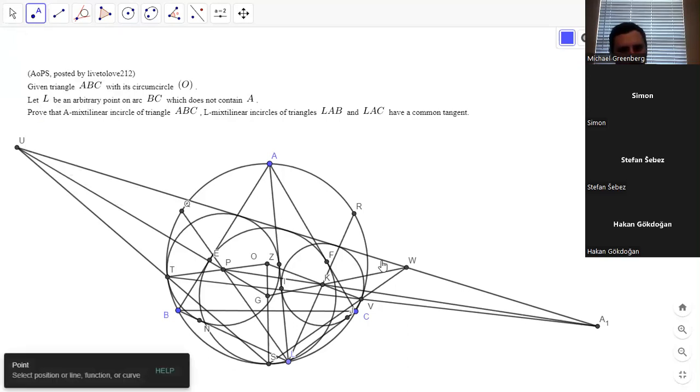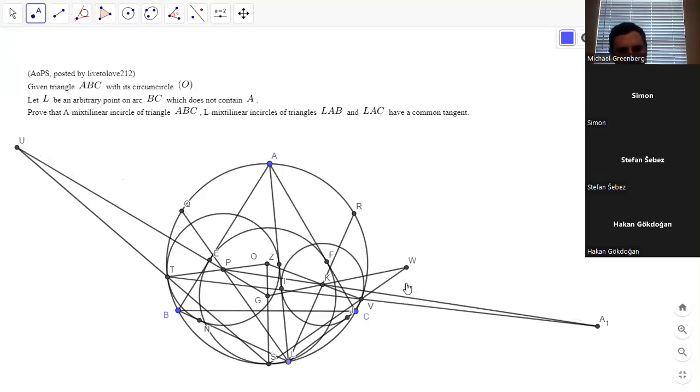So let's say I hid this for a second, right? Actually, let me just draw the tangency points.